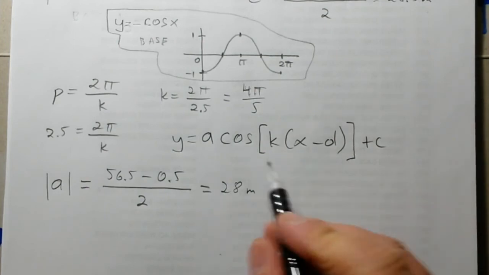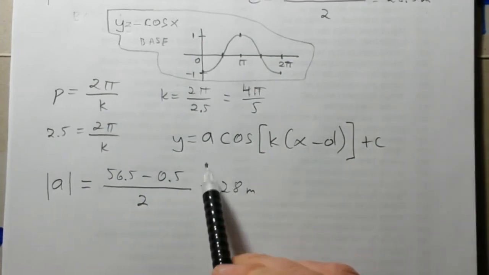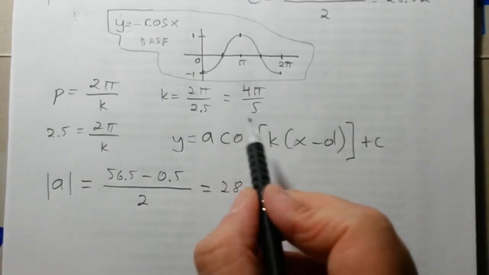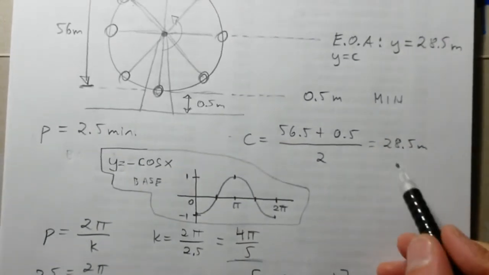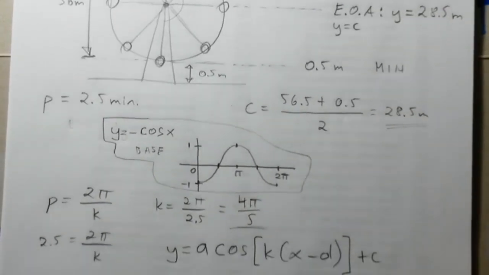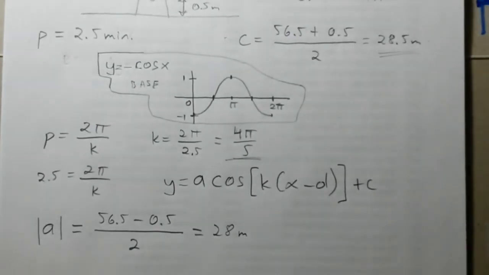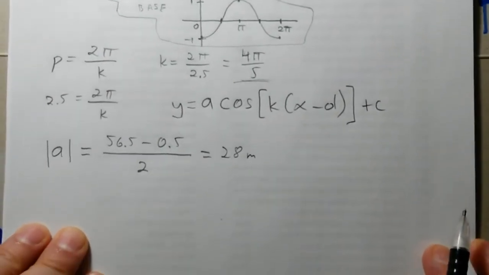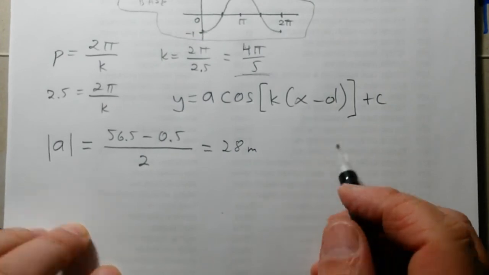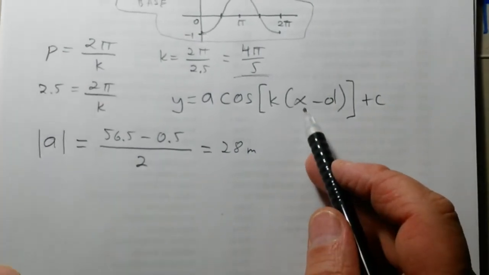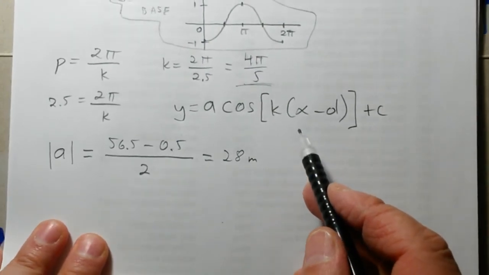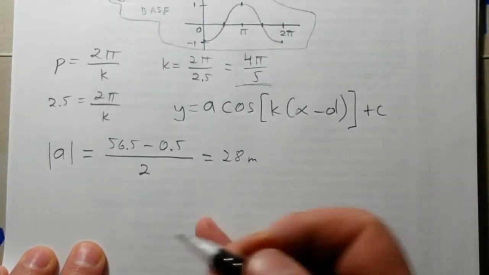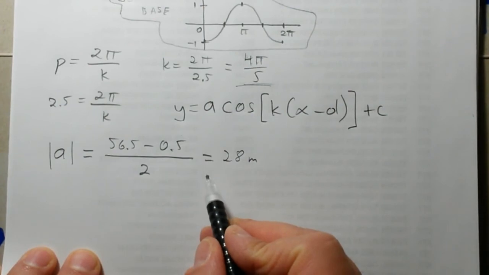Okay, we've got everything. We've got A, we've got the value of k, which is right here. Sorry, it's kind of cramped here. We got the value of C, and we don't need to worry about D because there's no phase shift. So our equation for this phenomenon will be, and by the way, I should use t instead of x because that's what they're using here. And we know that the amplitude will be negative.